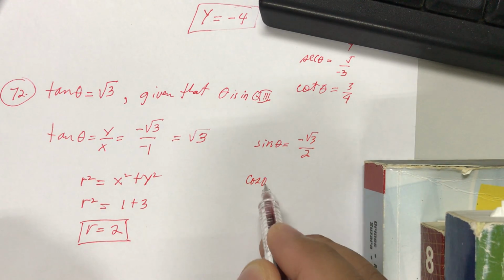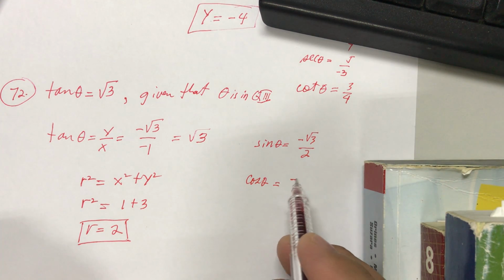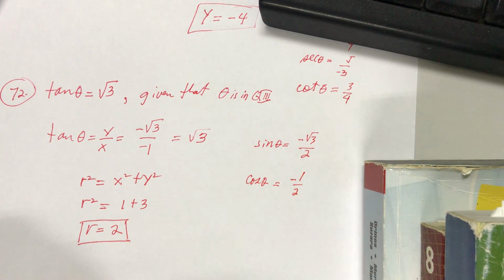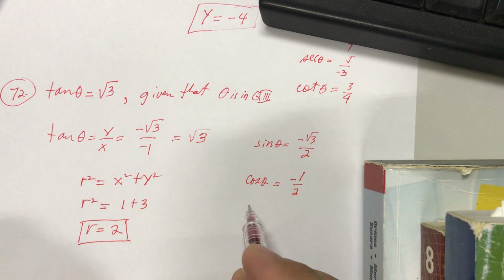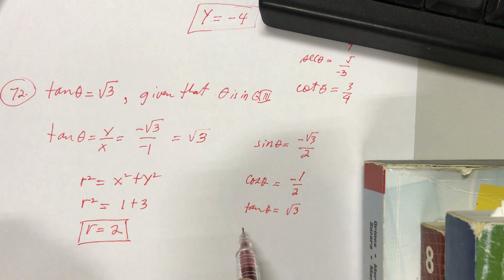Next, cosine theta, which is defined as x over r, is negative 1 over 2. Tangent theta, we will just rewrite it, that's square root of 3.